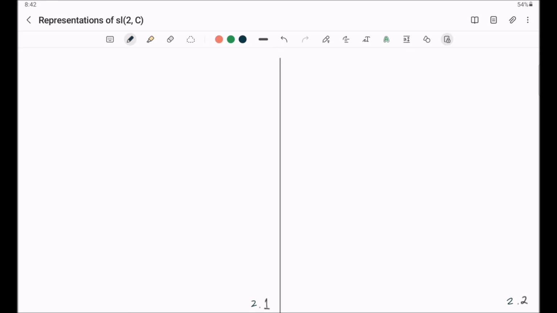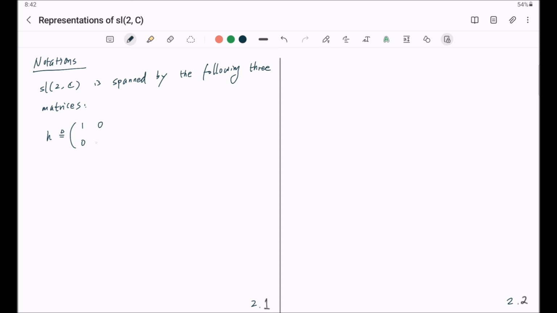Now here come the notations. This little SL2C is spanned by the following three matrices. The first one, H, is a diagonal matrix with diagonal entries 1 and -1. The second one is E, which is (0, 1, 0, 0).